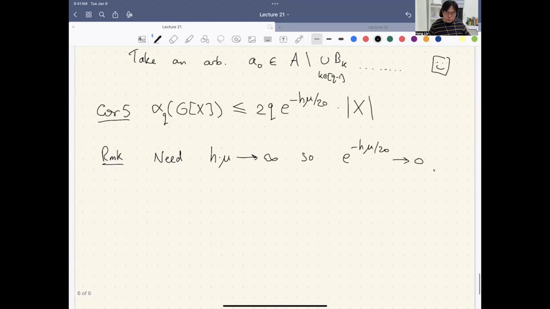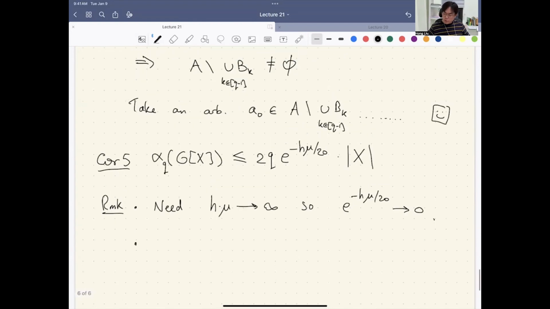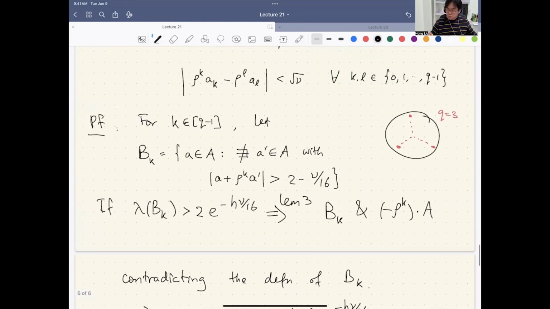From this proof, actually, it's not hard to extract that for every KQ, if you have a copy of KQ in X or Y, they are all spaced out in this nice position.